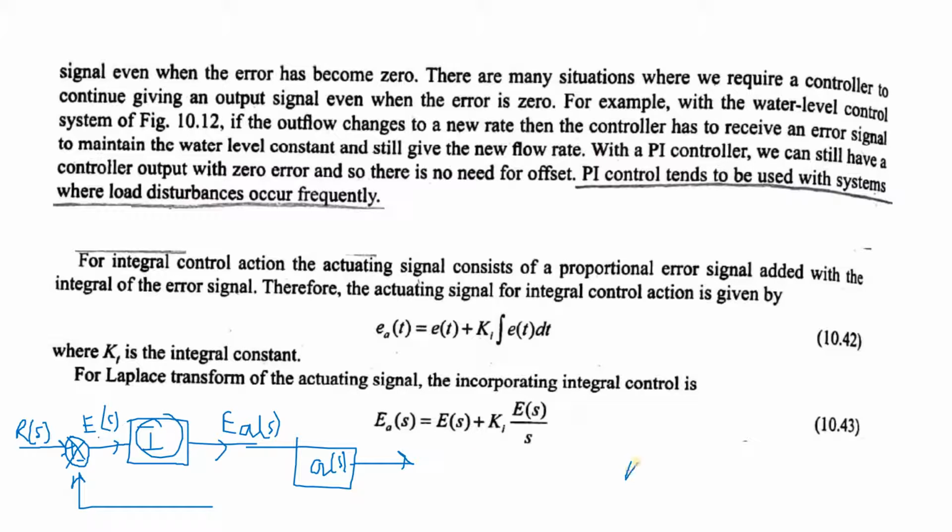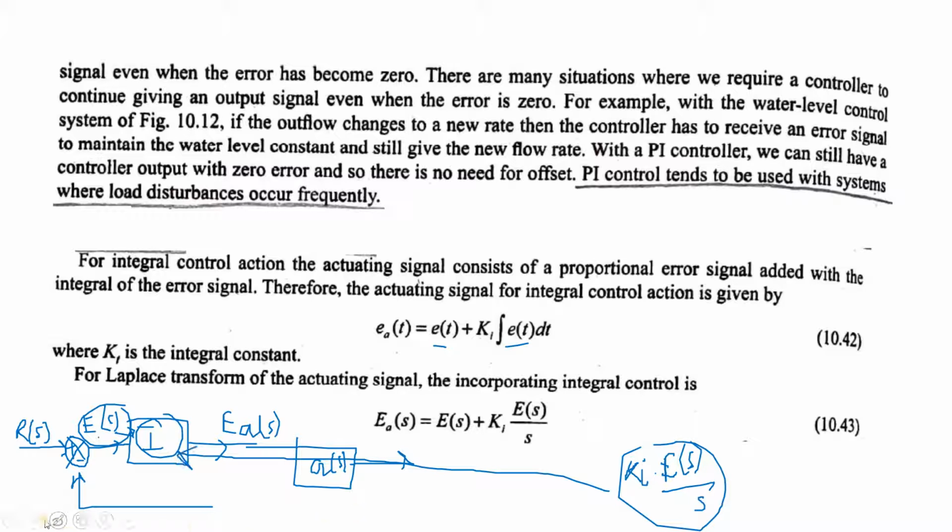This E_a(s) is nothing but what is inside this I. Inside the I is a K_I, a gain, and whatever error signal is entering will be integrated. If it is integrating the error signal, that means after Laplace transform it will be E(s) by s. So this is inside this particular I block.